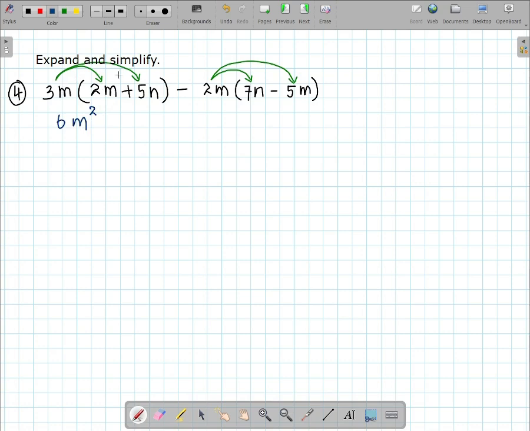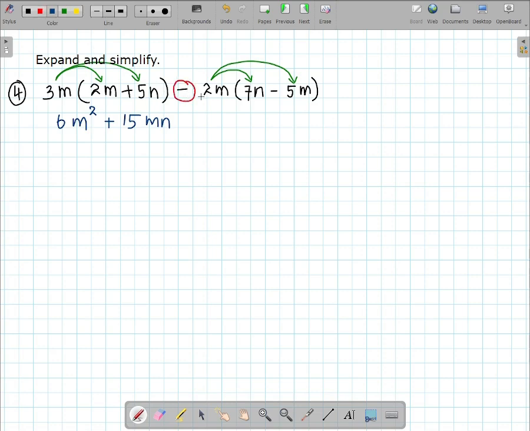Then 3m times 5n, that is 3 times 5, plus 15, m times n, that is mn. Now when you multiply the second bracket, the sign is also important, you have to consider that also.